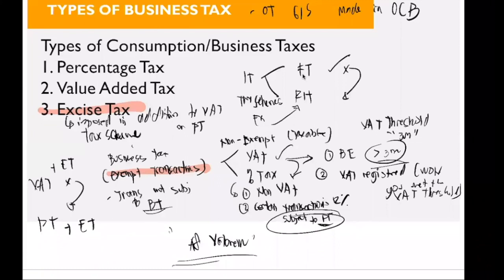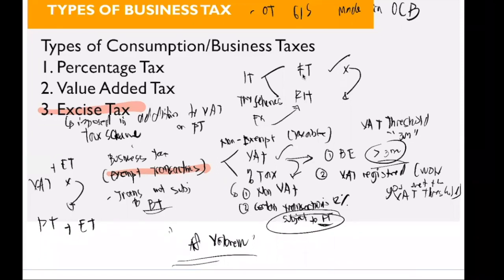So again, general rule, if that is a taxable transaction, you will tax it either at VAT or percentage tax. Plus, you can have excise tax. So these are only certain percentages imposed in addition to VAT or percentage tax. As early as now, I'm telling you, not all VAT transactions, not all percentage tax transactions have an excise tax.